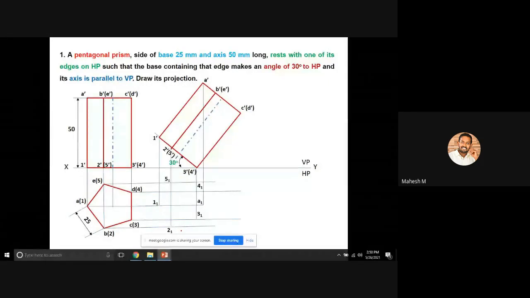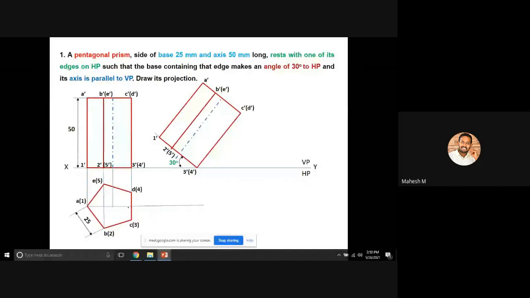Okay, so if you're projecting these corners, each and every point will have 2 lines: one vertical line and one horizontal line. The first projection line is from the point called A of 1.